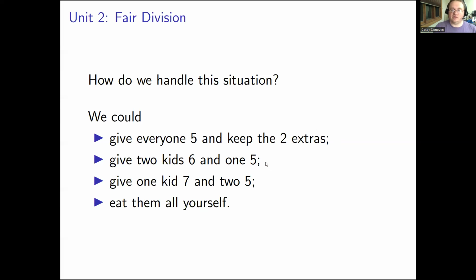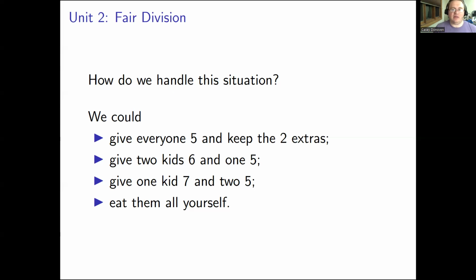So we just split those 2 extra. We just have to give them to someone. And that would mean that everyone gets as close to 5 as possible. We could give 1 kid 7 and then the other 2 get 5. And again, that's trying to make it as fair as possible, but now it really does seem like one is a lot more than the others. Or we could just keep them all ourselves, but that feels like it defeats the purpose.